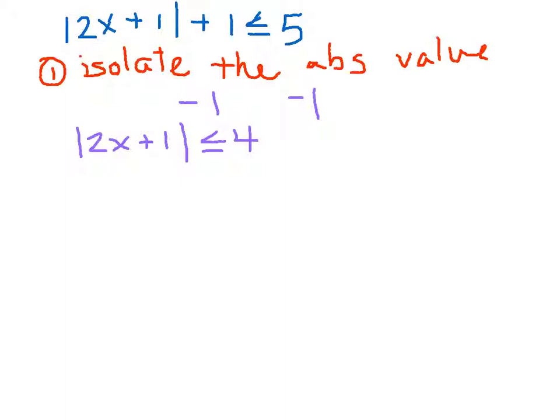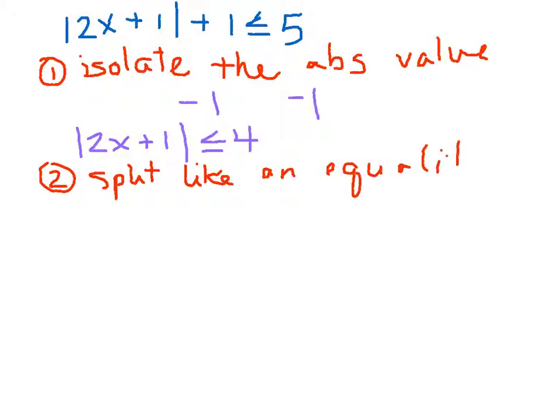So the next step here is to split it like an equality, okay? So I want to say 2x plus 1 is equal to 4, or 2x plus 1 is equal to negative 4.